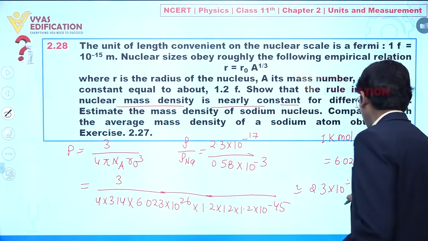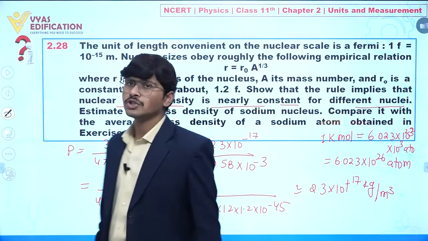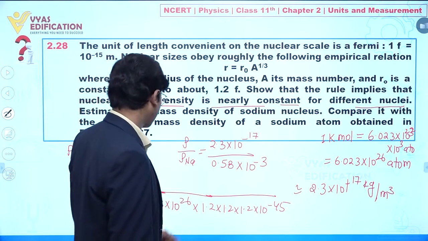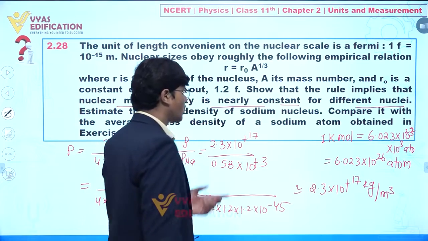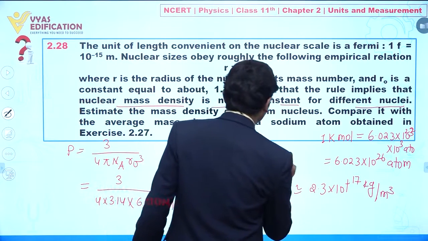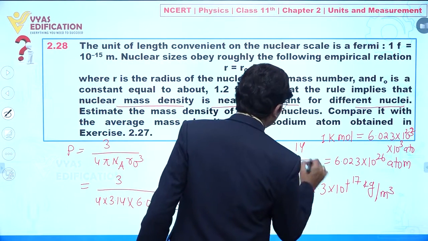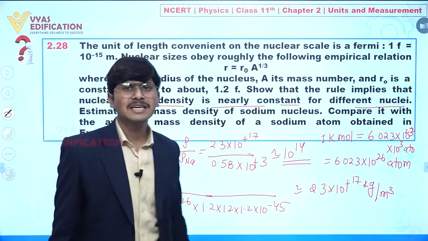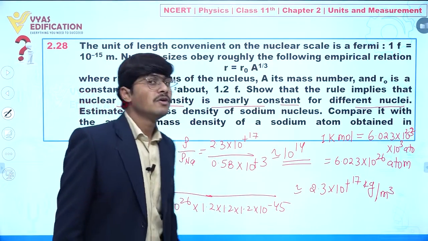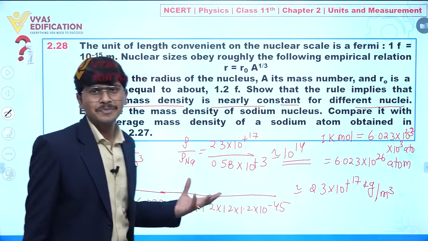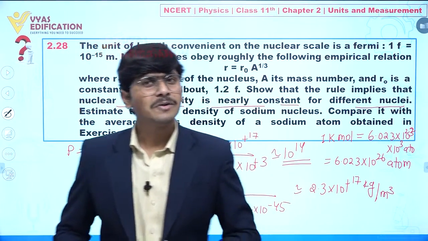Actually this is positive because density is always positive, so this is plus 10 to the power 3, and this is near about of the order of 10 to the power 14. So nuclear mass density is 10 to the power 14 times the mass density of the sodium atom. Clear to you? So this is all about this question.